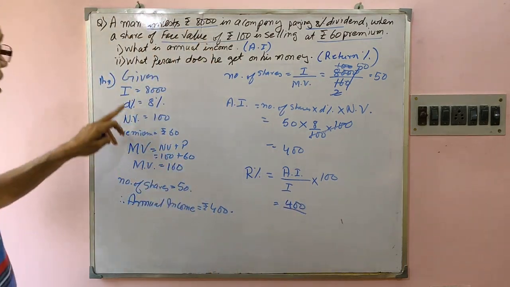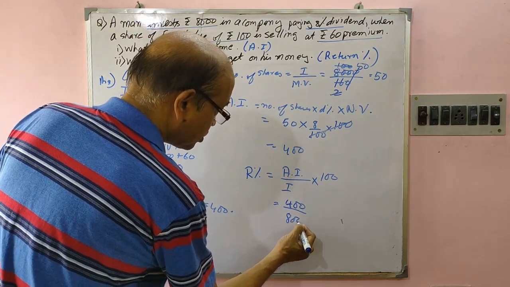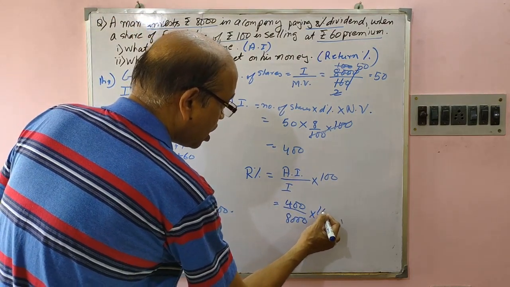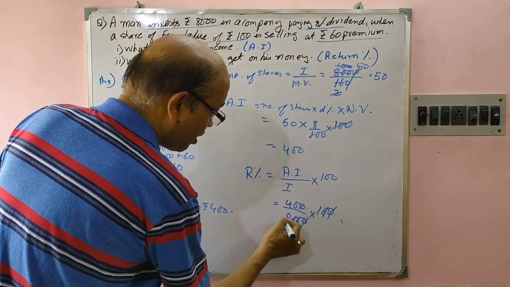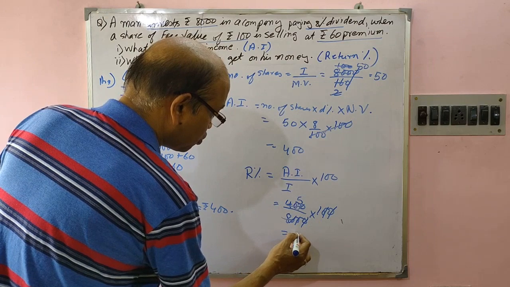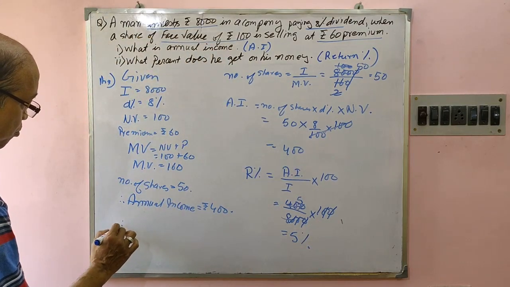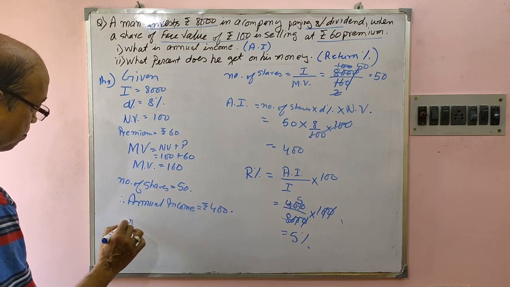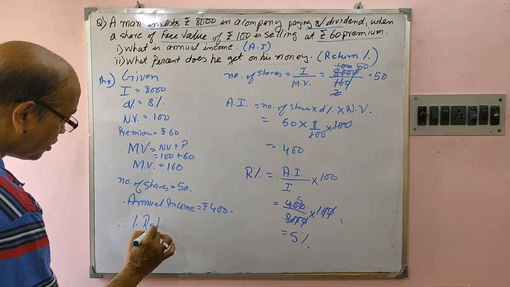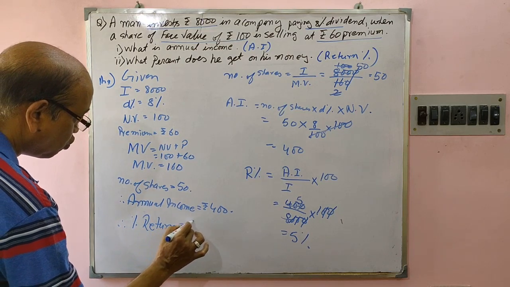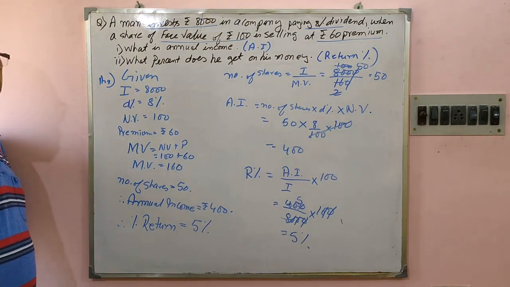What was the investment? 8,000 into 100. 1, 2, 1, 2, 1, 1, 5, which is equal to 5%. Therefore, your percentage return is equal to 5%. This is your answer.